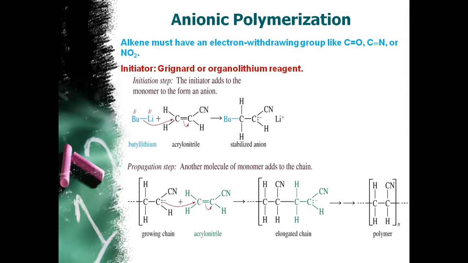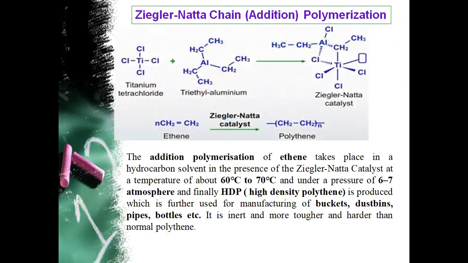Here in the figure, the initiator used is butyl lithium, BuLi. And as you can see, the rest of the steps remain the same, that is the propagation step and the termination step.